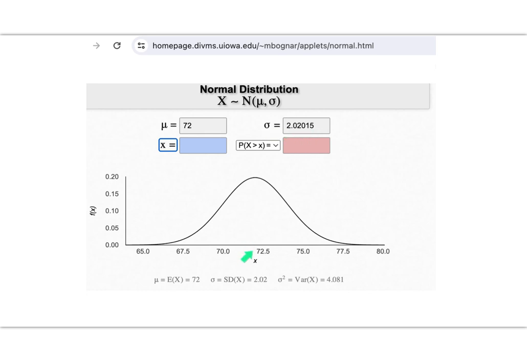So now I have it centered at 72 instead of what it originally was, 69 point something. But this is a single point estimate right here, 72, which is not a great way to estimate the mean.